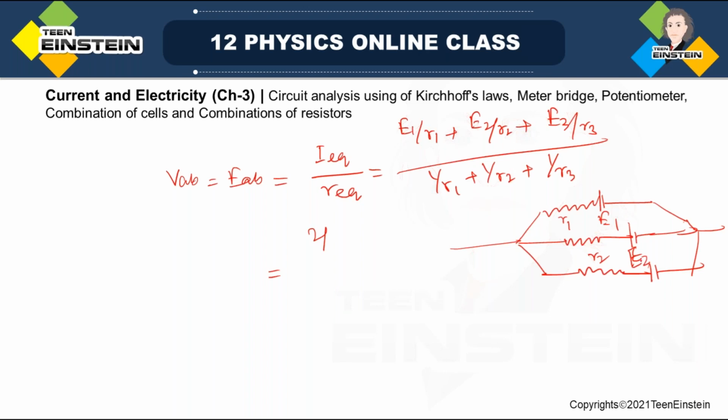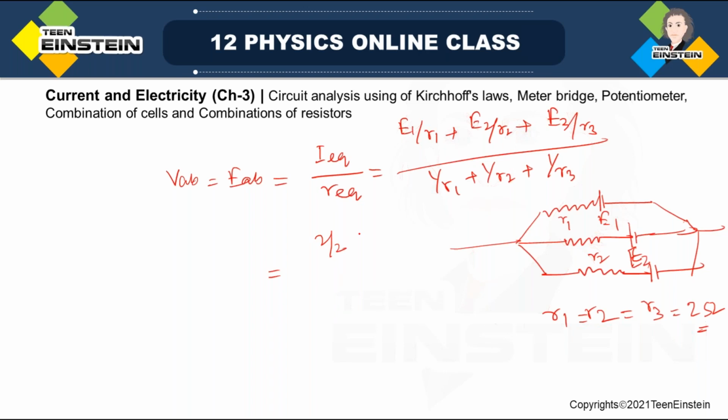So these are all 2, 2, 2, and this is 1. E1, that means battery 1 has voltage 2 volt. Okay, 2 by 2 then. These are R1, R2 and R3. These are having the same equivalent resistance. These are 2 ohm. Okay, so that's how we can do it here.